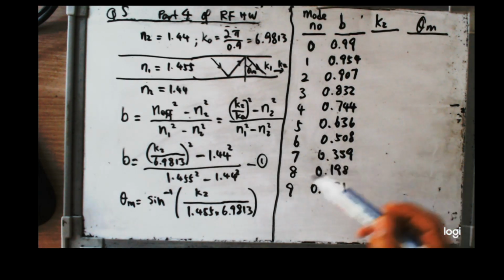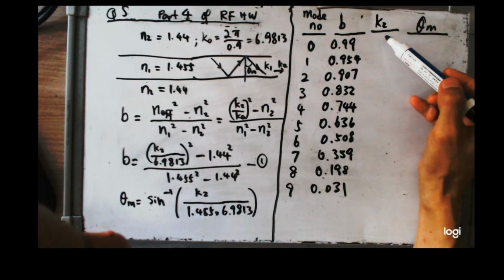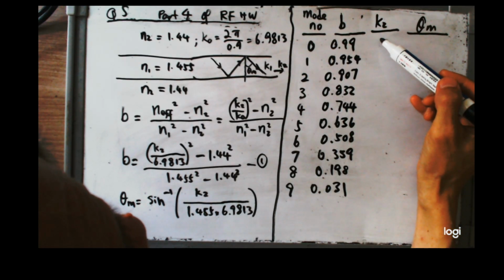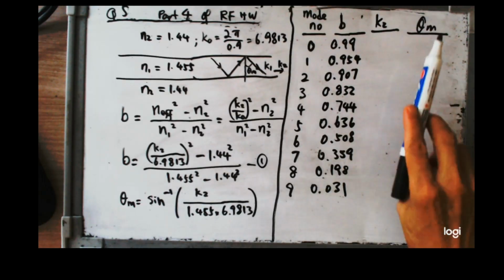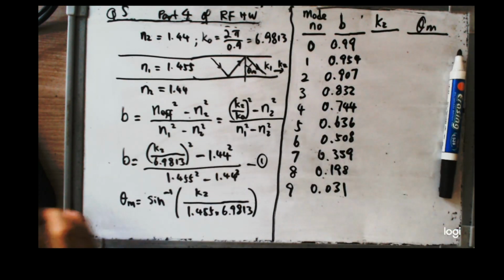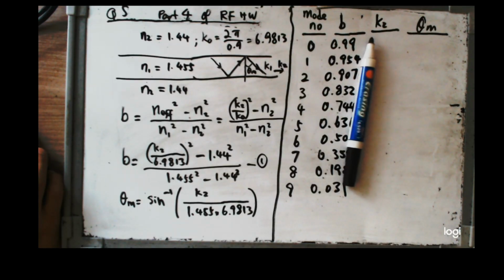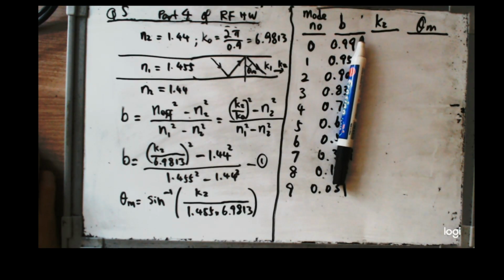And I'm going to calculate the value of KZ. I need to use GNU Optics to help me. So I can show you the GNU Optics code.